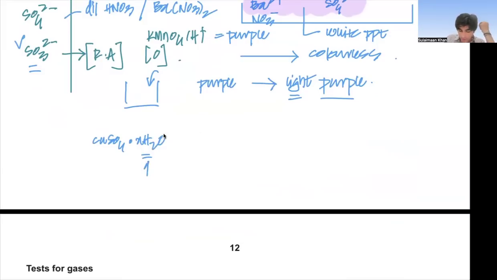If the student heats it, and at the top tests it with an anhydrous cobalt chloride paper, and the cobalt chloride paper goes from blue to pink, what does that mean? That means that this compound had water molecules present in it. So that's a test for the solid being hydrated.